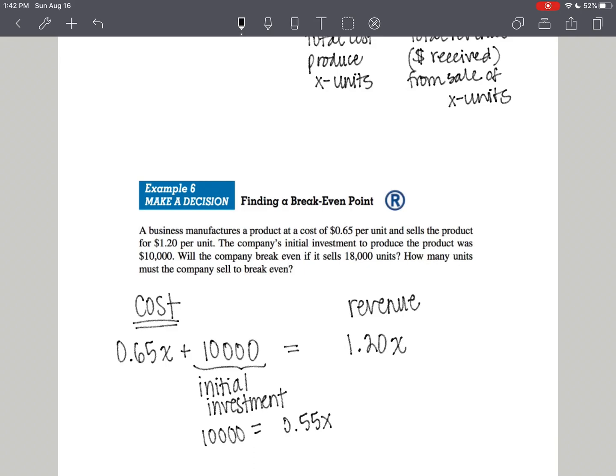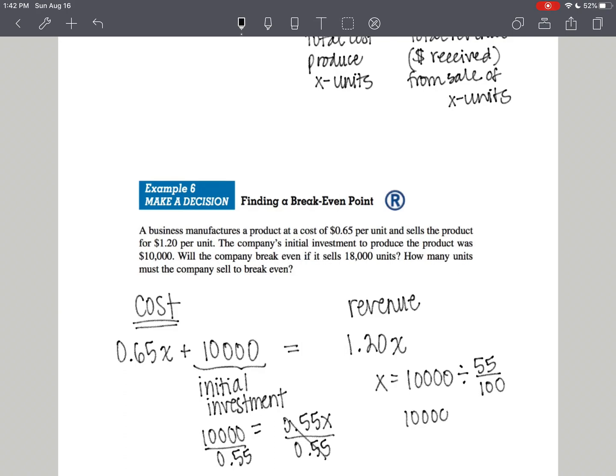0.55x. And then I happen to be very, very stubborn. I don't like to pick up the calculator. I probably should pick up the calculator, but the calculator's far away. So x is going to equal 10,000 divided by 55 over 100.